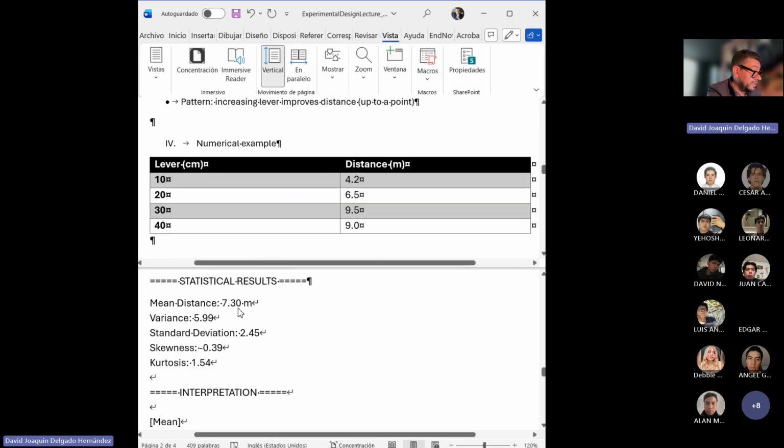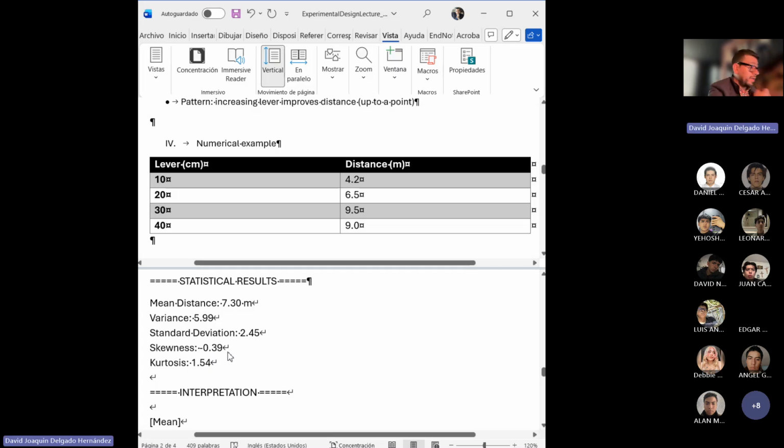You can get this result, 7.30. That is the mean distance with this data, okay? The variance is 5.99. The standard deviation is 2.45.